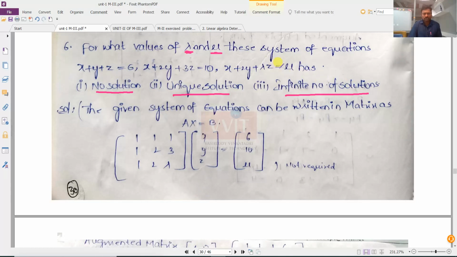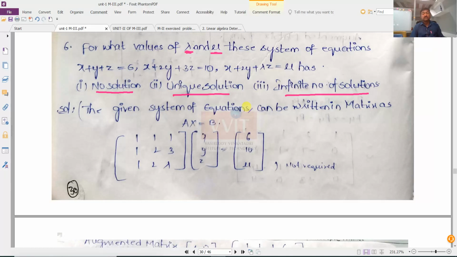For the given system, what we'll do is reduce the augmented matrix to echelon form, then figure out the rank, comparing the rank of the coefficient matrix and the augmented matrix.